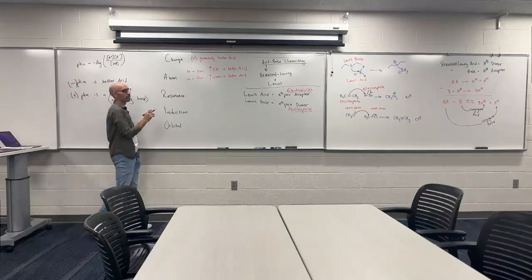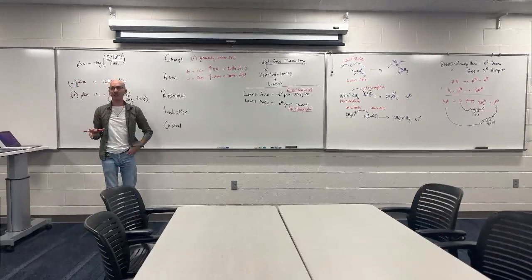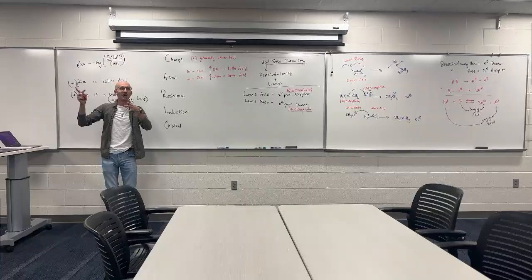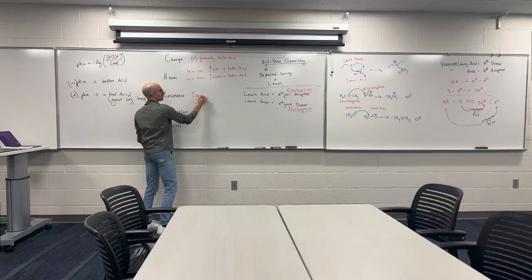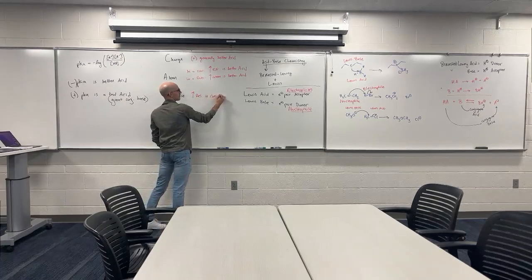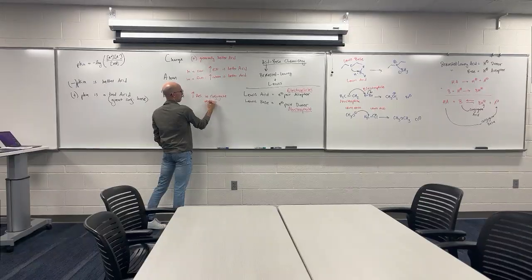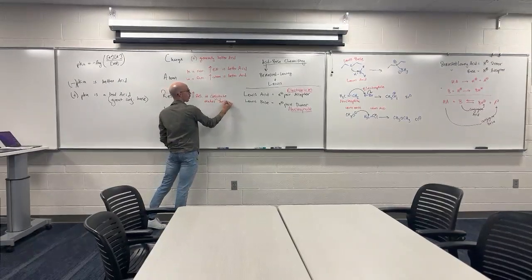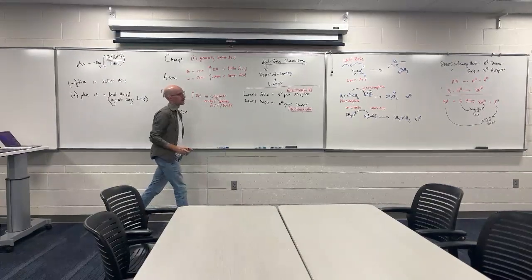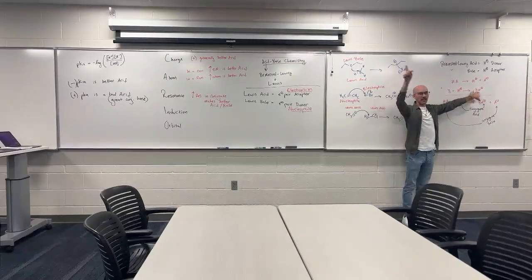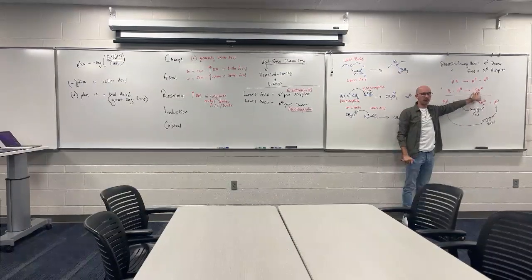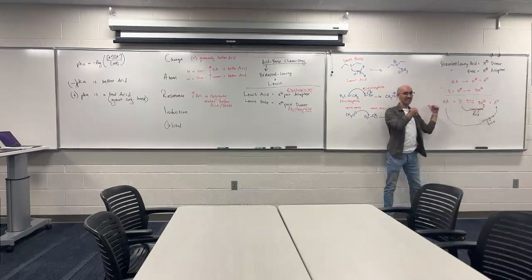Resonance. This one's challenging because to decide about something, you need to think about the conjugate that it makes. Increased resonance in the conjugate makes for a better acid or base. If the conjugate that it forms, BH plus, can spread that positive charge around by delocalization, it's going to be very stable, and it makes it a bad acid going backwards.